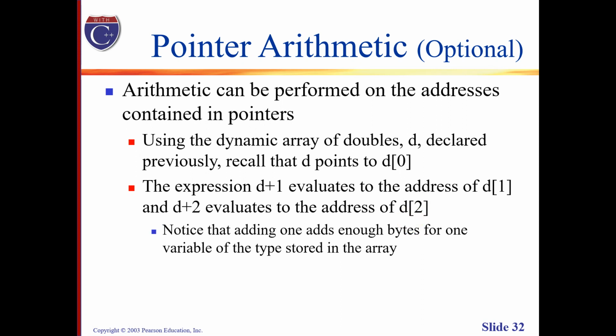Notice that adding 1 adds enough bytes for one variable of the type stored in the array. Hence, as we can see here, we can simply move up our pointer variable, which is actually an array, by simply incrementing the index number that we have.